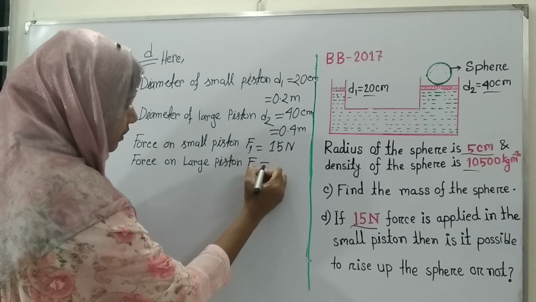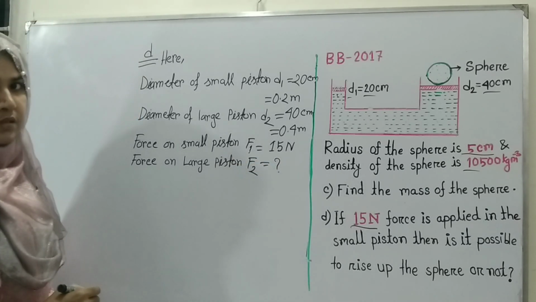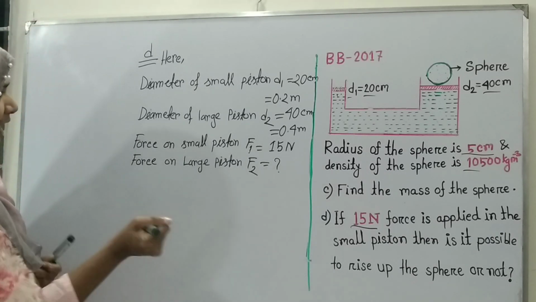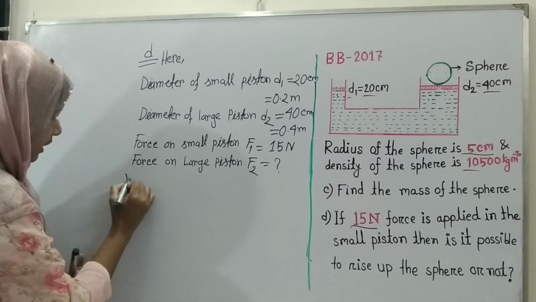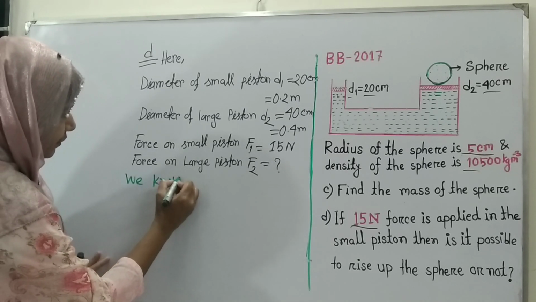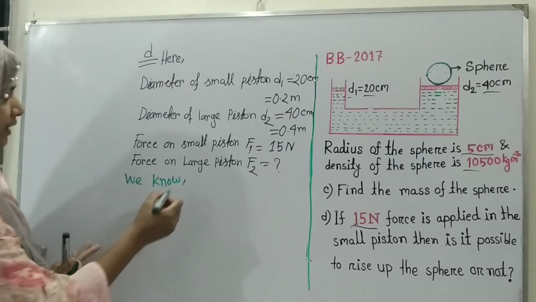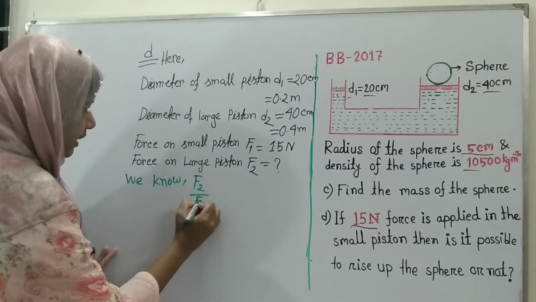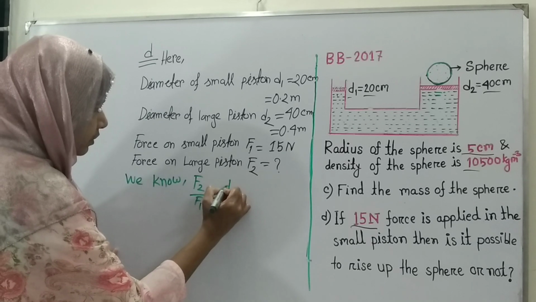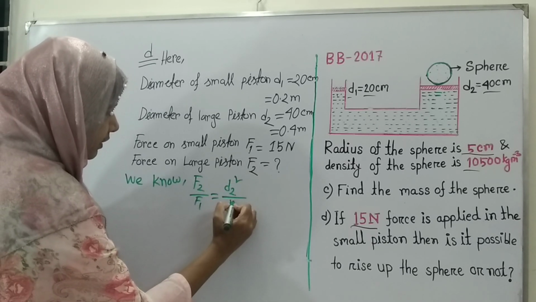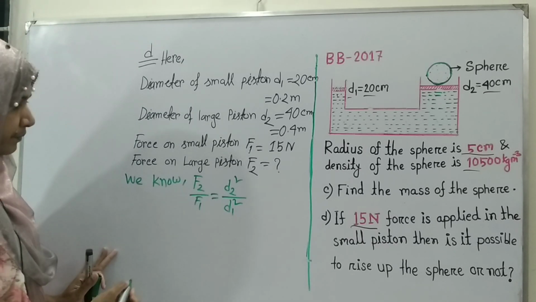F2 equals to what? Now we know the formula to identify the force which is felt on the larger piston is F2 by F1 equals to D2 square by D1 square.